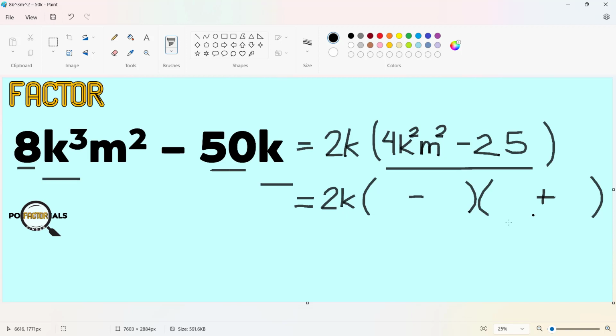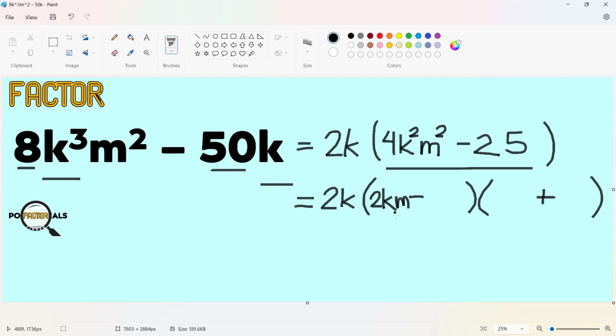For the difference of two squares, the terms are just the results of taking the square roots of the first and second terms. The square root of the first term, square root of 4, is 2. Square root of k squared is k. Square root of m squared is m.